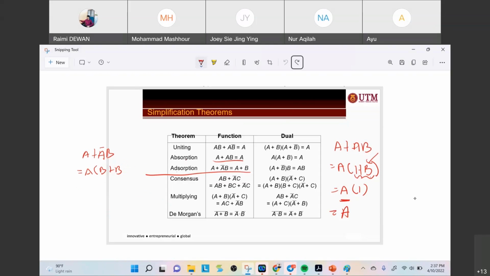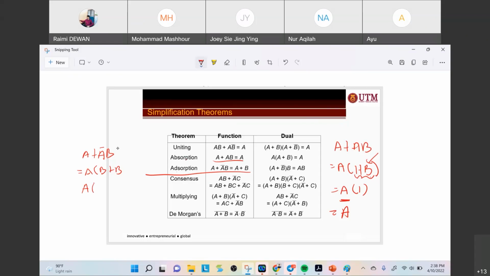Actually, I should be taking leave today. Okay, never mind. Wait, I want to try first. A plus absorption, A plus A bar B, A plus B. A plus A bar B. Anyone know how to solve it?